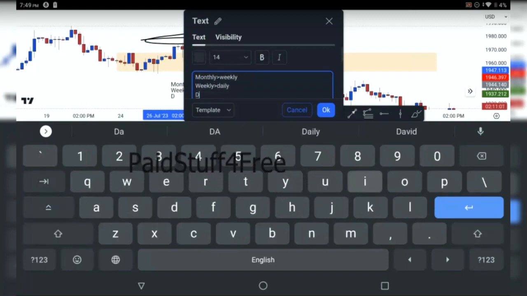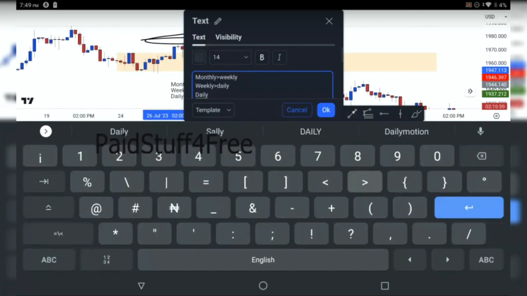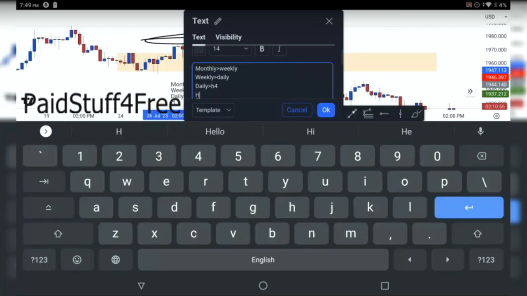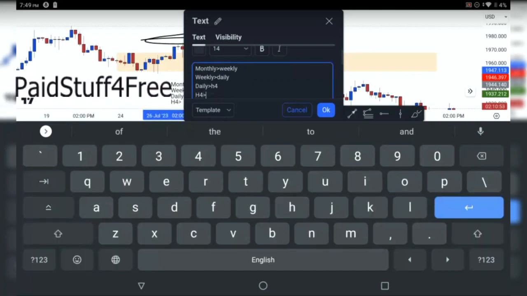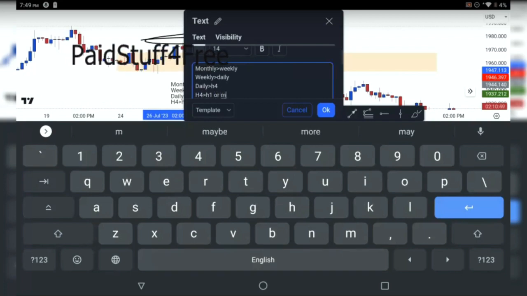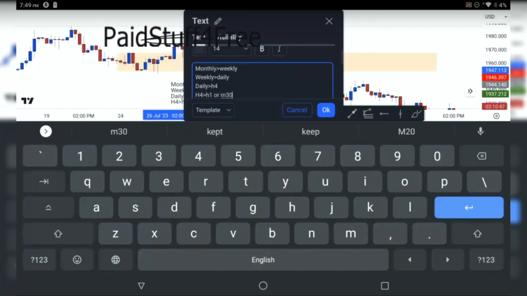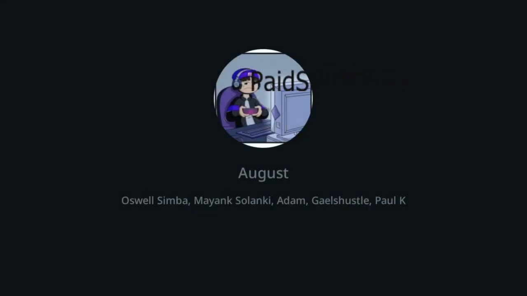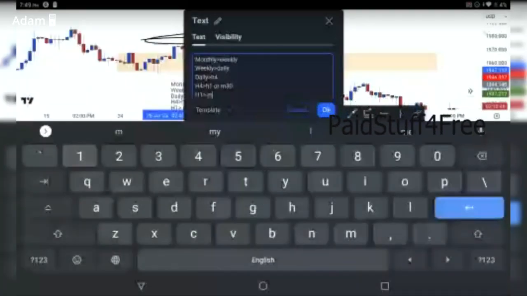If it is daily, you just know that it is 4 hours that you'll be working with. If it is H4, you know that you're working with H1 or M30. If it is H1, you know that you are definitely working with M15.